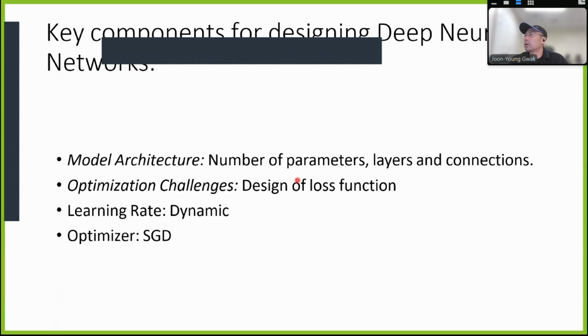The key components for designing a deep neural network are, first, we want to come up with the architecture itself, such as the number of parameters and the connections between the layers and the neurons. And also there's a challenge in the optimization, such as which loss function to use for which task.